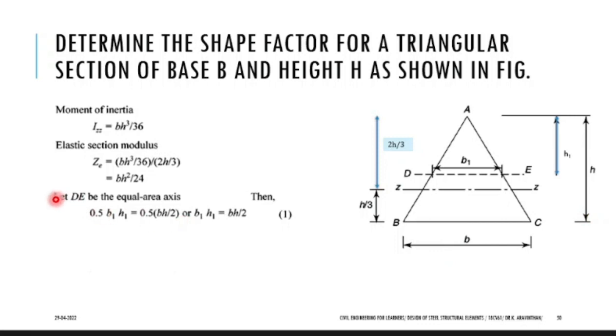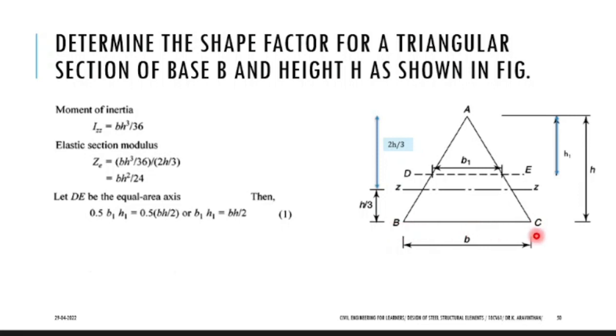Now let DE be the equal area axis. What do you mean by that? This is the equal area axis. Then you can equate the areas. What is the formula for this area? Half B1 into H1. Then how can you find your bottom area? What is the total area?